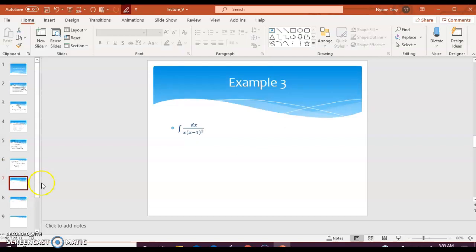Okay, now we're going to discuss problem number 3. In problem number 3, we're going to have the integral of 1 over x times (x minus 1) squared.